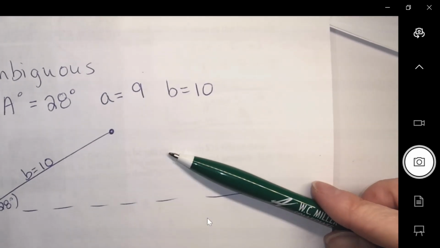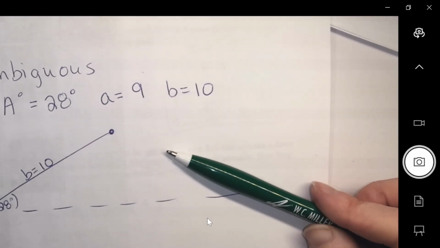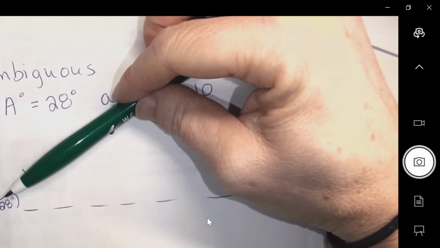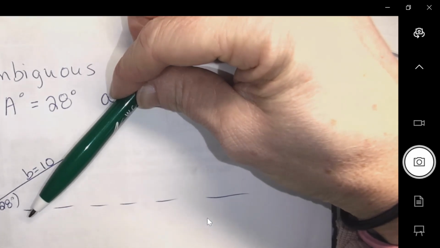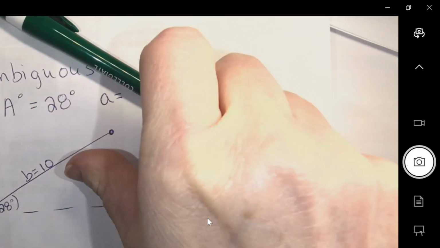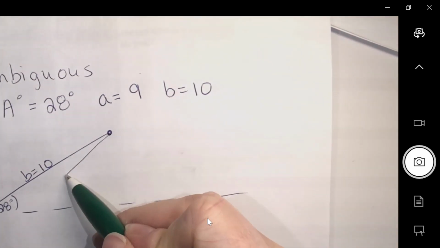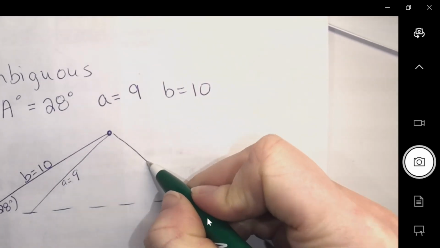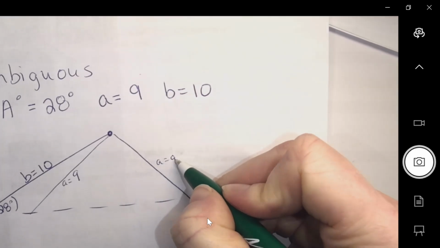Okay, so side 9 is across from it. Now, do you remember what happened? If 9 is that big, it would hit here or here. Remember that case? So the 9 could have swiveled there or there.